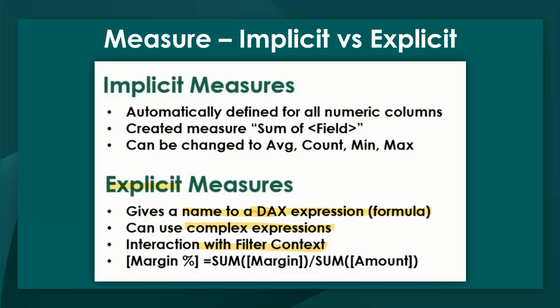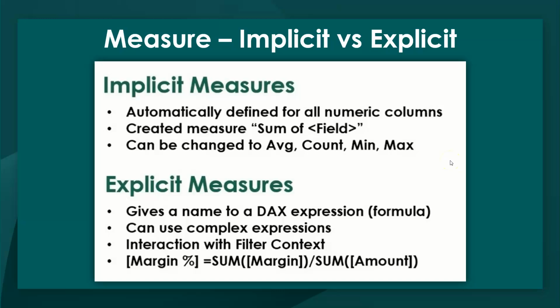One example of DAX is, for example, if we want to calculate the percentage margin, we have to sum the margin column first and then divide it by the sum of the amount column. So this is one primary example where we can customize and start writing our own business logic from the data sets in the form of DAX, which are called explicit measures.